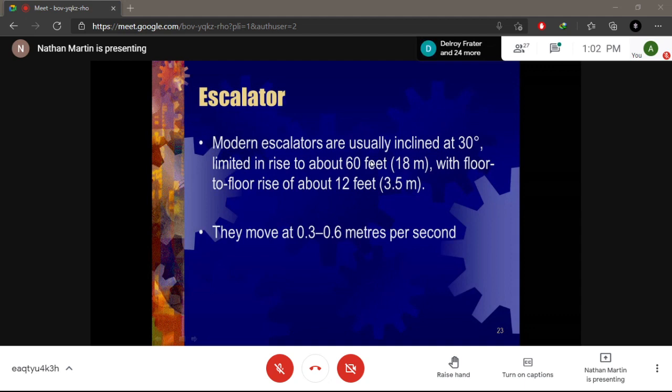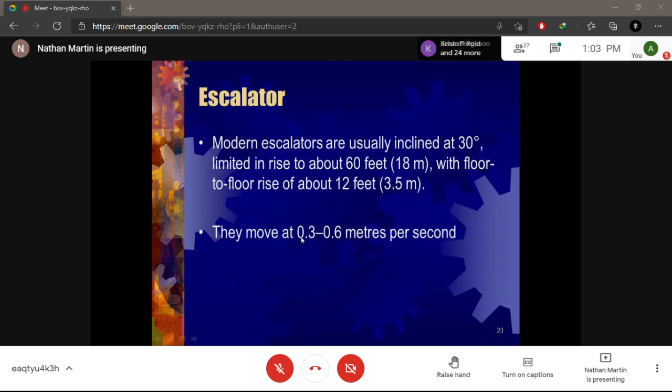These are standard measurements that they'll use when installing these escalators, right? Anything greater than 30 degrees will be too steep. Even most of your manual steps, based on design, are designed to give you a descent and ascent of 30 degrees, right? So it will be similar to that of your manual step.